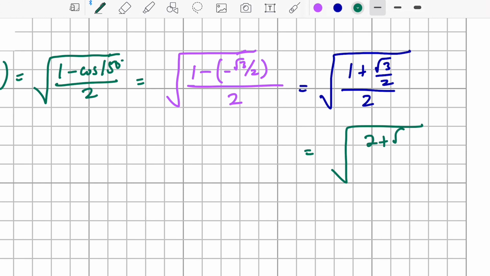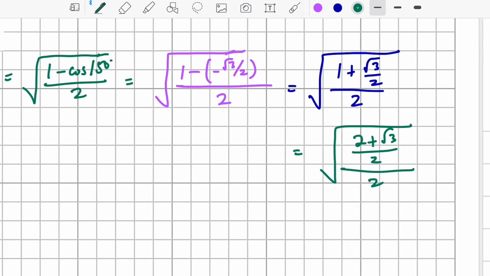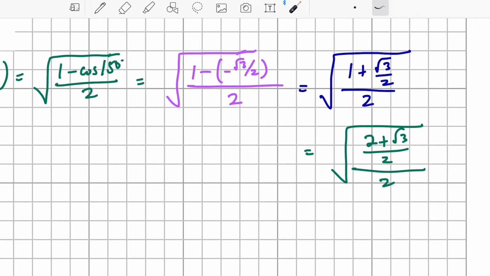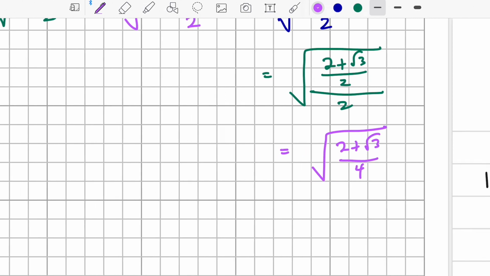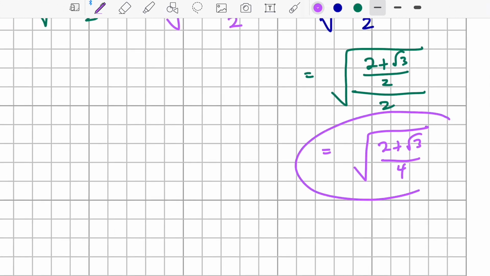So it'll be 2 plus square root of 3 over 2, all of that divided by 2. And if I imagine this one is over 1, that means all I have to do is multiply this one and this one together, and we're done. So final answer is going to be square root of 2 plus square root of 3 over 4. And we can just leave it like that for now.